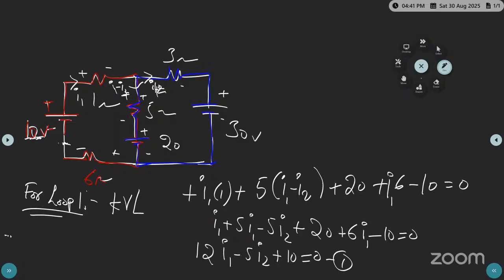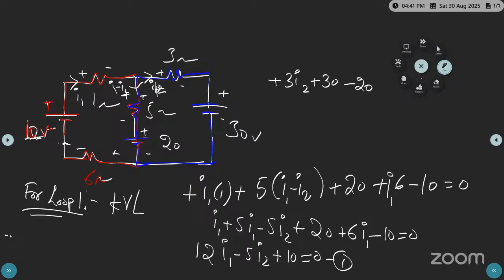Then second equation, you tell me, plus is there here? Plus 3 into I2. Which current is there? I2 current. Plus 30. Then minus 20. Traveling in a clockwise direction, plus is available, plus is available, minus is available.